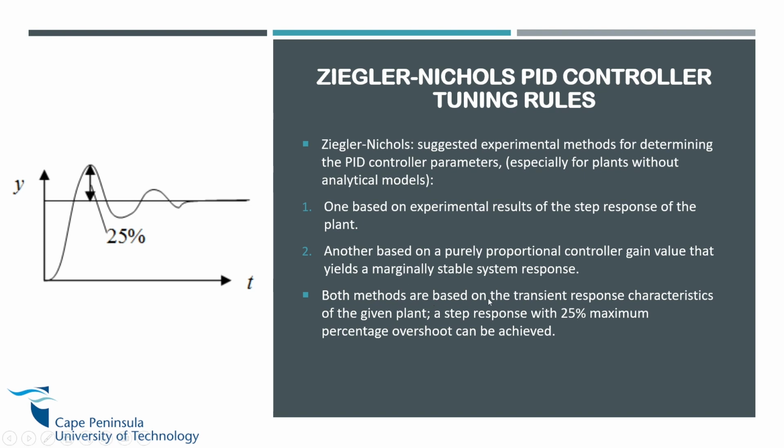Both methods are based on transient response characteristics of the given plant. A step response with 25% maximum percentage overshoot can be achieved. Here we'll be looking, this will be our 25%.